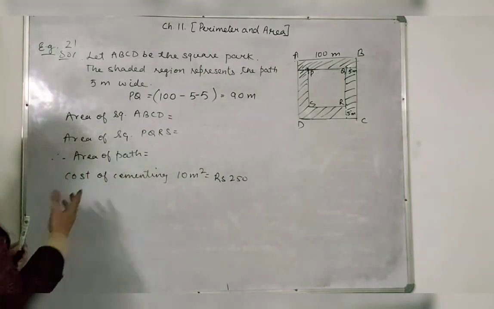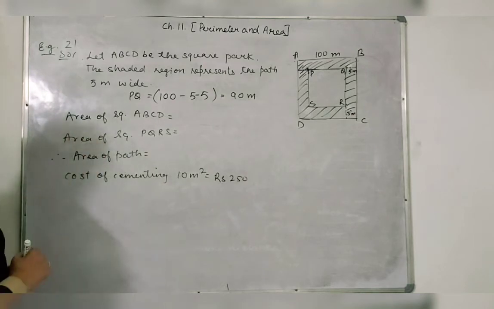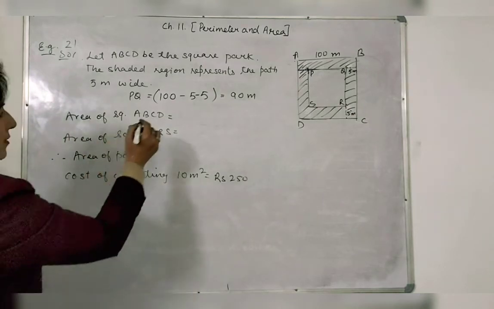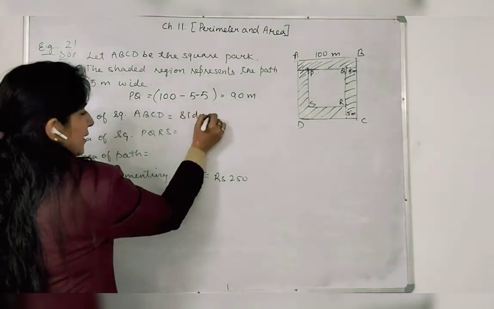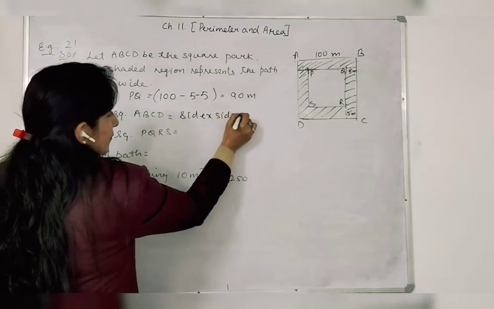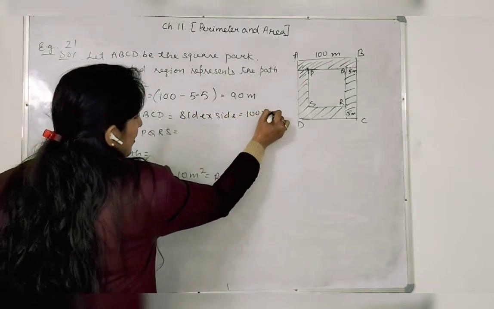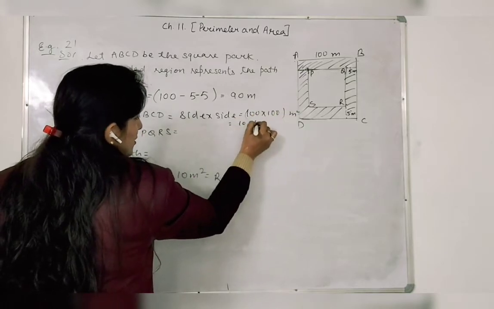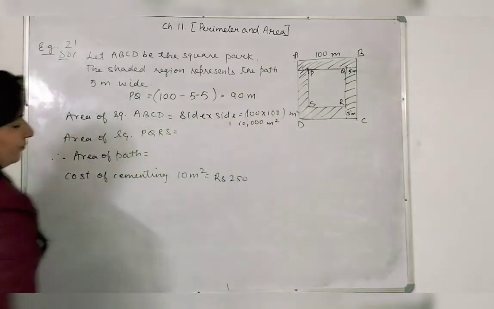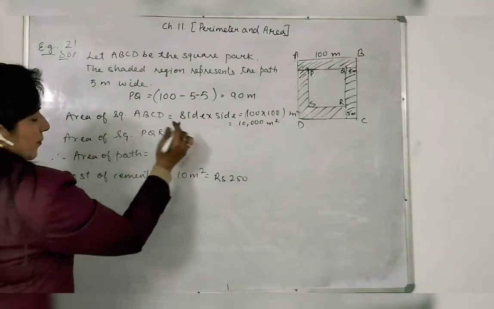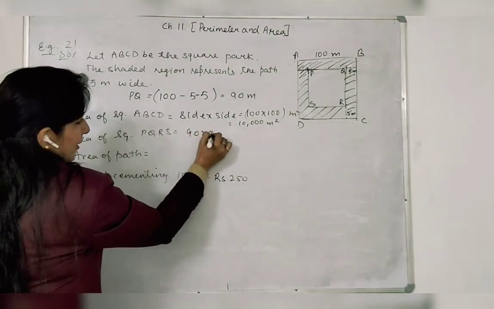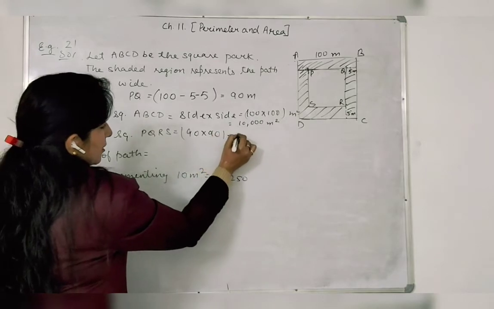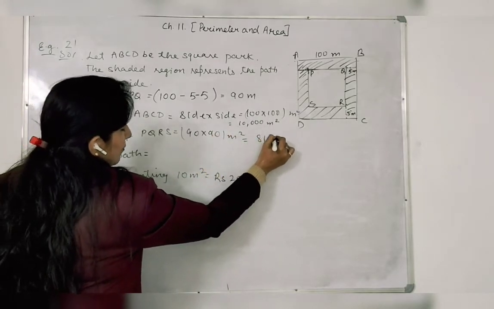Now we can calculate the areas. Area of square ABCD is side squared, that is side multiplied by side, 100 multiplied by 100 meter square, so that is 10,000 meter square. Now area of square PQRS is 90 multiplied by 90, side into side, so that is 8100 meter square.